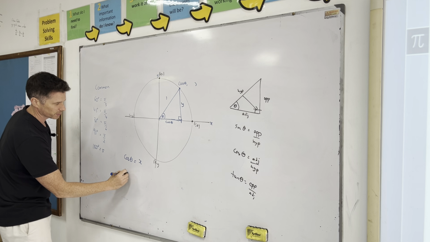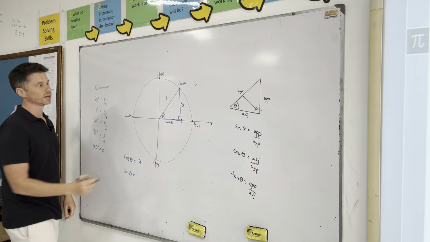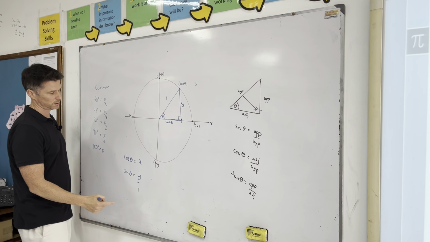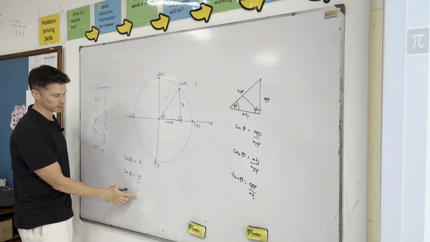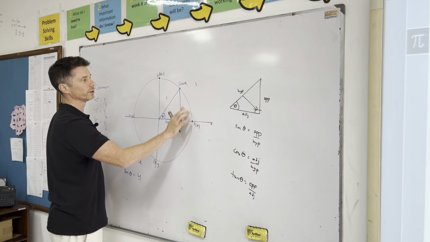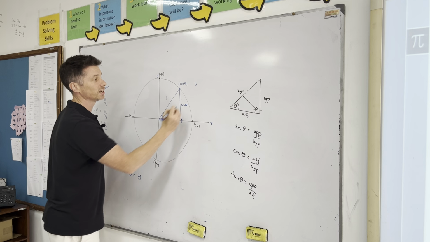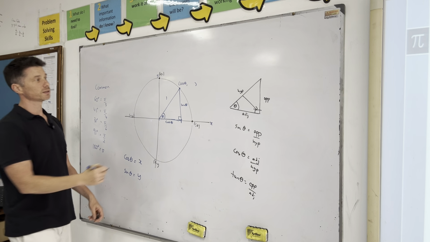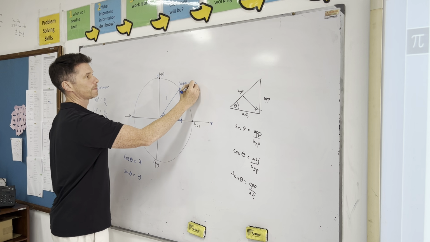Sine theta follows something identical. Sine is the opposite, y, over 1. So y is sine theta. So instead of putting y here, I know that that height would be the sine of the angle, the decimal value for sine. Which means along the y-axis, this is.